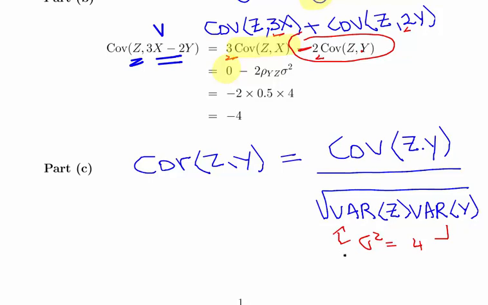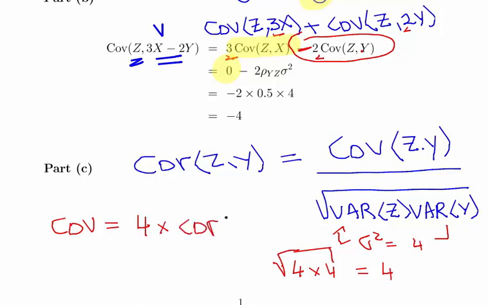So we have the square root of 4 times 4, which equals 4. So we're going to rearrange this expression. The covariance equals 4 times the correlation of zy. This is what we're told in the question, which we know to be 0.5.